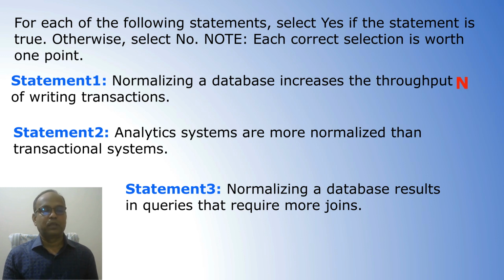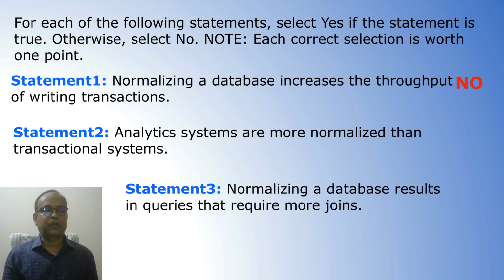Answer. Statement 1 is false, because database normalization is the process of restructuring a relational database in accordance with a series of so-called normal forms in order to reduce data redundancy and improve data integrity. Full normalization will generally not improve performance.